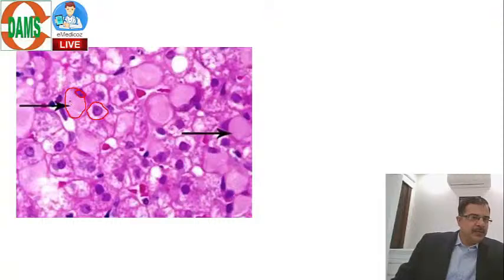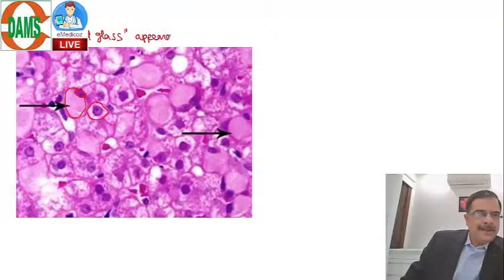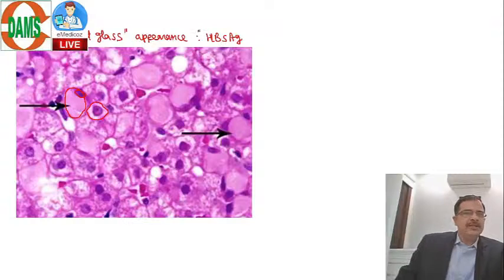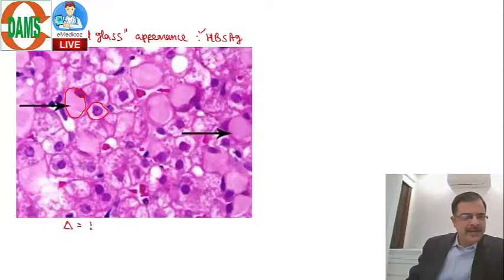The cytoplasm has a ground glass appearance. Look carefully, this is a ground glass appearance in the biopsy. And this ground glass appearance is because of accumulation of HBs antigen particles in the cell. So the diagnosis is clear cut. This is a case of viral hepatitis, hepatitis B.